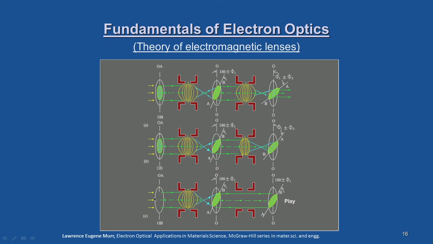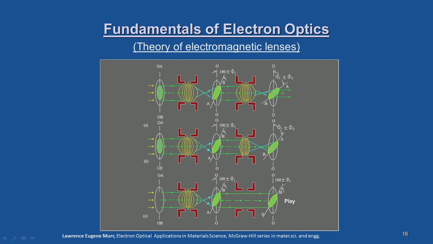So, if you look at the third schematic, you see that inversion plus rotation takes place, and I have the second lens, the field is completely absent, and you see that there is no additional rotation, that is phi 2 is 0, the phi 1 which is generated by the first lens remains in the image plane.